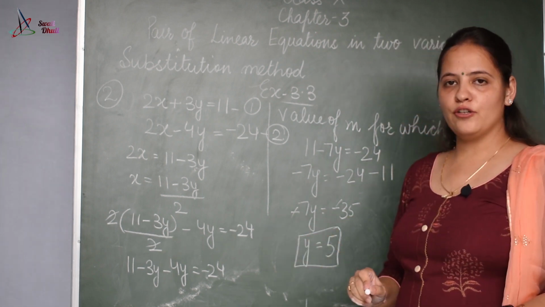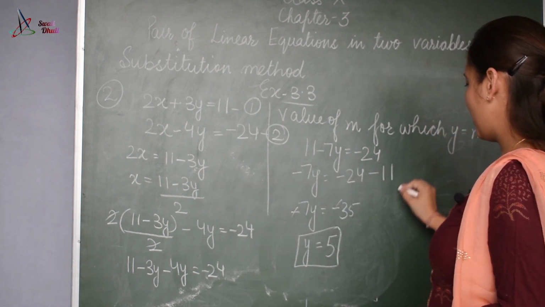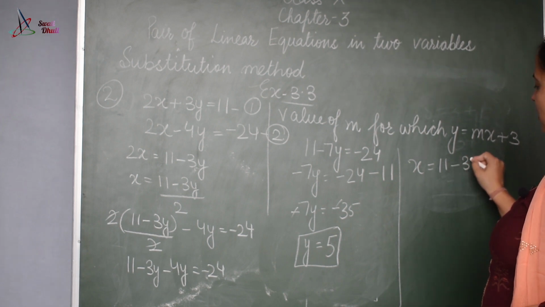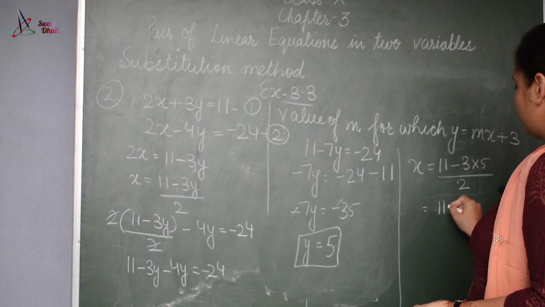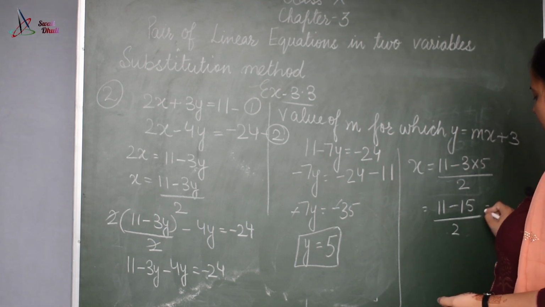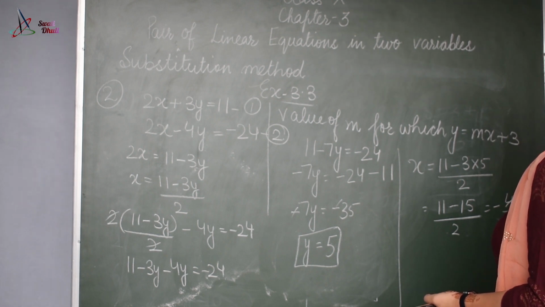We have got the value of y as 5. Now substitute the value of y here. So x will be equal to (11 minus 3 into 5) upon 2. So 11 minus 15 divided by 2, you will get minus 4 by 2, that is minus 2.